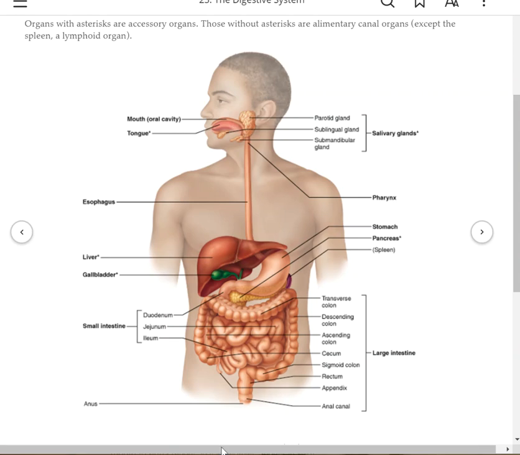And it's a continuous tube that starts here at the oral cavity, goes down through the pharynx and esophagus, into the stomach, and then it goes through the different parts of the small intestine, and then going up, over, down, and around and out the large intestine and out the anus. In a cadaver, it's around 30 feet long, a little shorter in us because of contractions and the way the tissue is, but that's it.